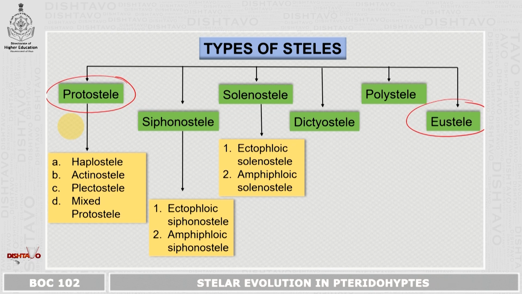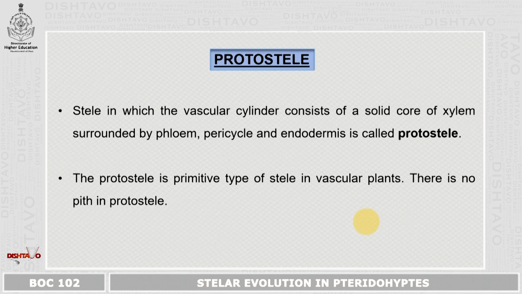Protostele can further be classified as haplostele, actinostele, plectostele, mixed protostele. In the same way, siphonostele can be categorized as ectophloic siphonostele and amphiphloic siphonostele. On similar grounds, you have solenostele, which is categorized as ectophloic solenostele and amphiphloic solenostele. We'll look at each of these in detail.